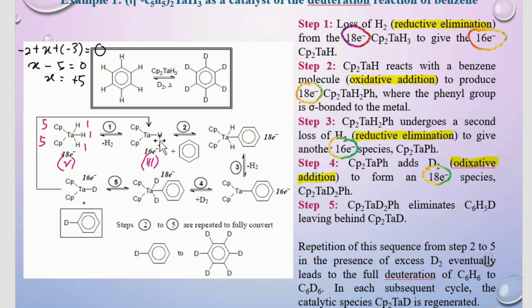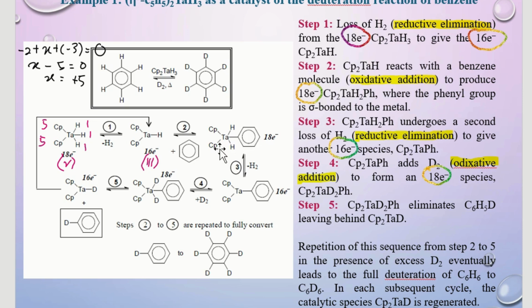So this one has 3 ligands. After the reaction with benzene through oxidative addition, the total number of electrons becomes 18 electrons. So that is oxidative addition to produce the third compound.